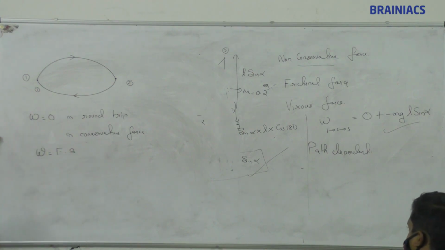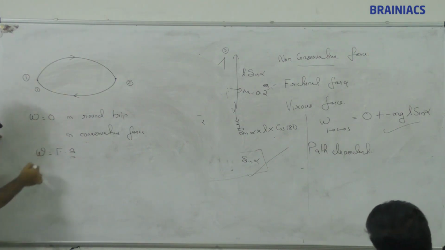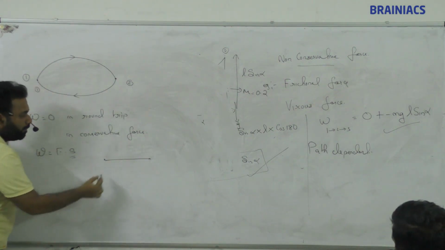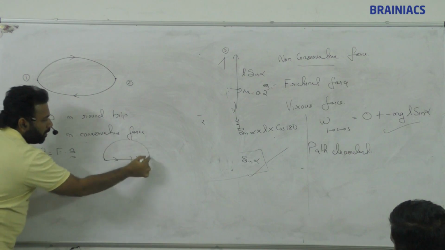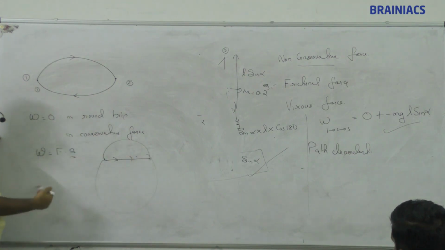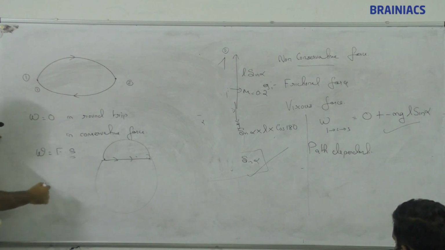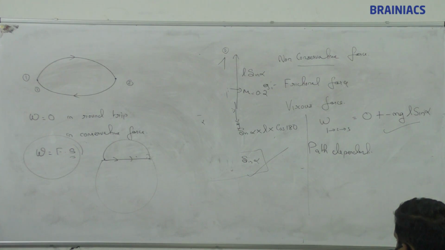So the work is equal to F dot S. This concept also works correctly for conservative force only. When we say shortest straight line path, even if we go this way, this will be the displacement. Path independence, all these things will work correctly for conservative force.